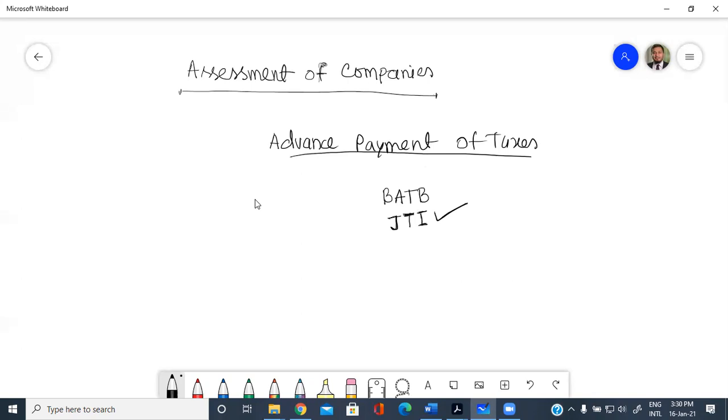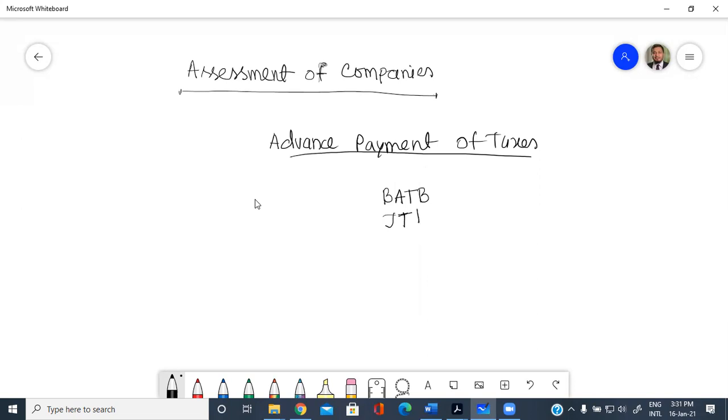Anyone related to yourself who is a consumer of this company? No, sir. Okay, that is good. We don't want to be consumers of these companies. We'll talk about these companies more later when we talk about CSR expenditure. Okay. Don't mind, I was just making fun.